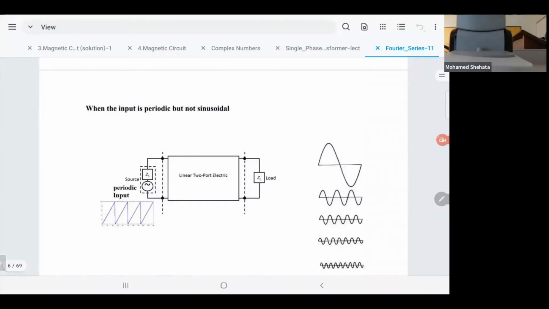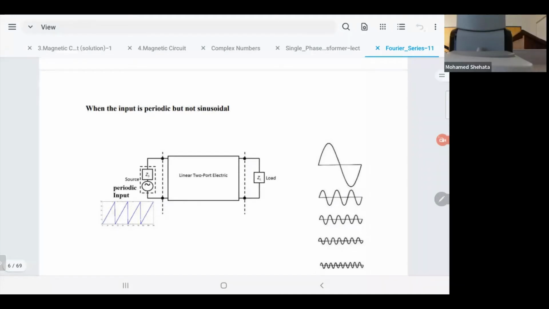They have a tool that's used to solve circuits and systems where the input is pure sine, and on the other hand, they have some circuits where the input is not sinusoidal. So they tried to figure out, okay, if we can decompose this input or this source or this waveform into a series of sinusoidal waves, that would solve the problem.